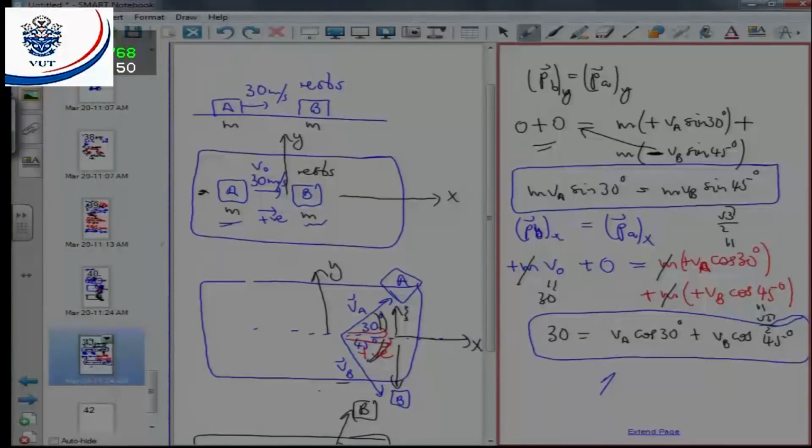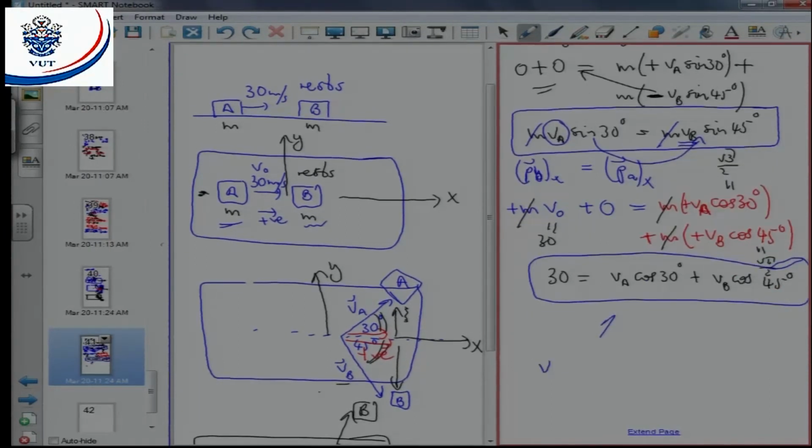So just like here, if you check this equation, I should have cancelled the m's. I can write VA in terms of VB by dividing by sine 30. So then we would learn that VA equals VB sine 45 over sine 30.